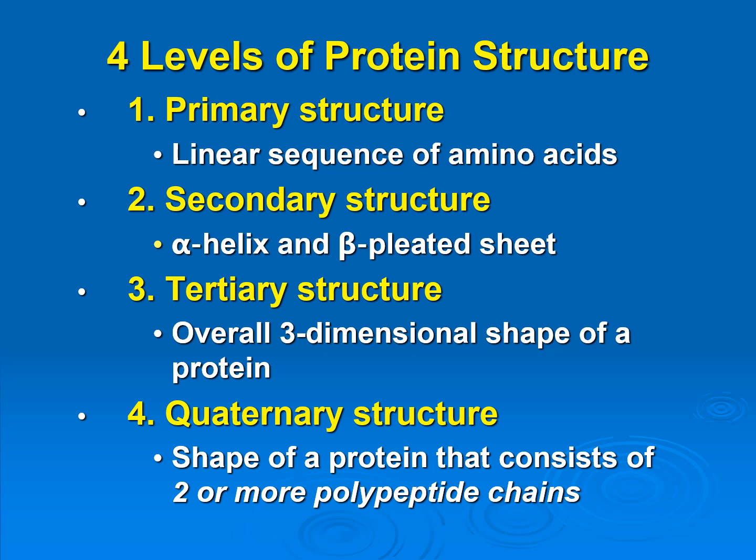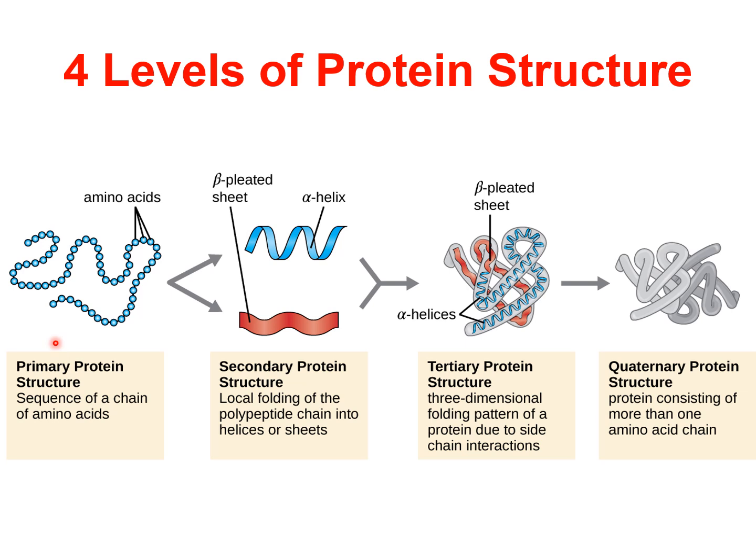Okay, and then there are 4 different levels of protein structure, and we just call them primary, secondary, tertiary, and quaternary structure. I think it's easier if we take a look at a picture of this. The primary protein structure is just the linear sequence of the amino acids, what order the different amino acids are in.